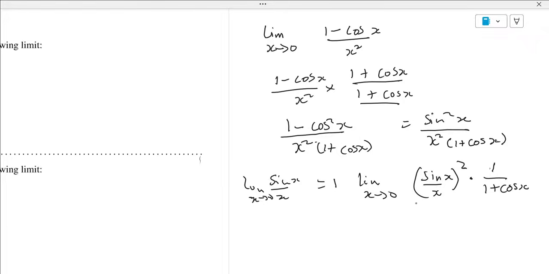Now here, this one is giving us 1, so 1 squared. Then we substitute our 0 here, and then we'll have 1 times 1 over 1 plus 1. And that will give us 1 over 2. So our answer is 1 over 2.